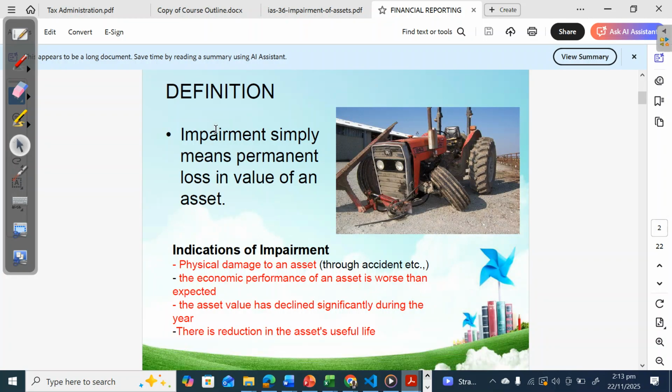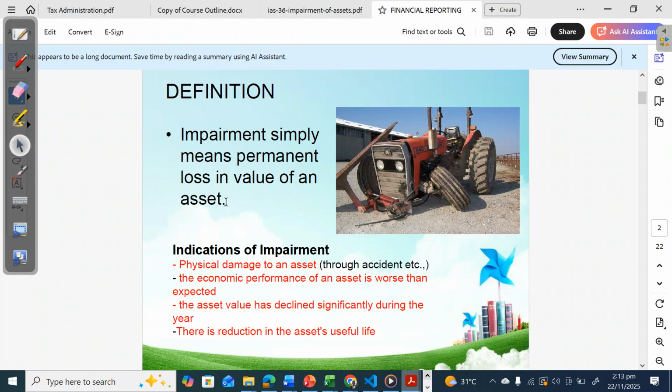When we say impairment, we are talking about a permanent loss in value of an asset. You can see here there's a machine which is clearly damaged. It is old, it's damaged, it has clearly lost some value. So we can say this machine is impaired.